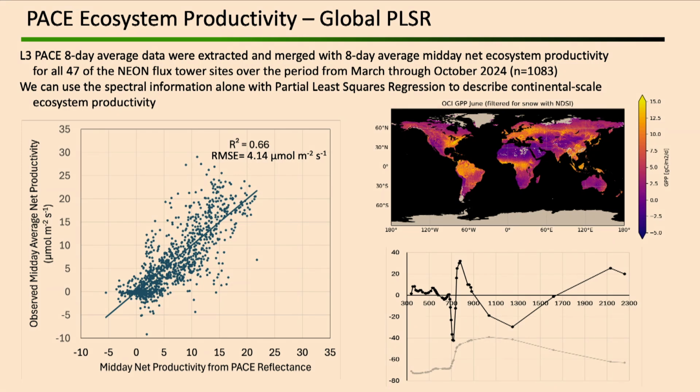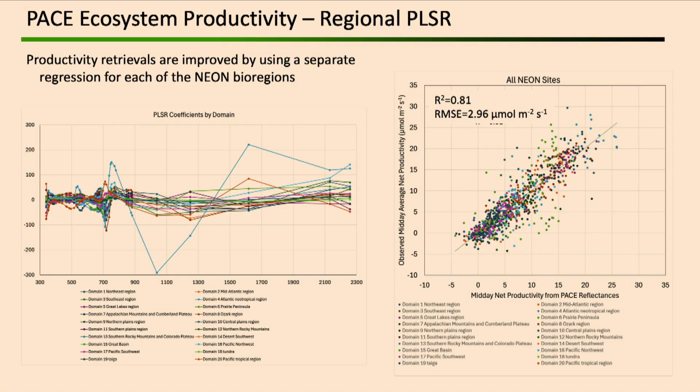And you can see in the lower right plot, which is showing the coefficient weightings against wavelength, how important the red edge bands are to determining this. And these were bands that just aren't in MODIS data. You can improve this even more. That was a single equation for everything.